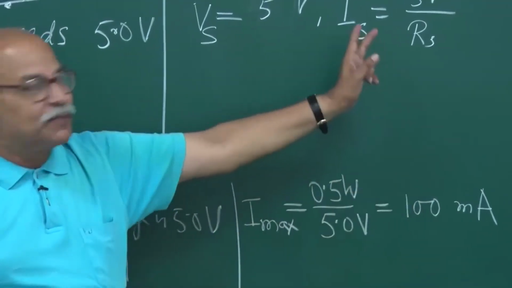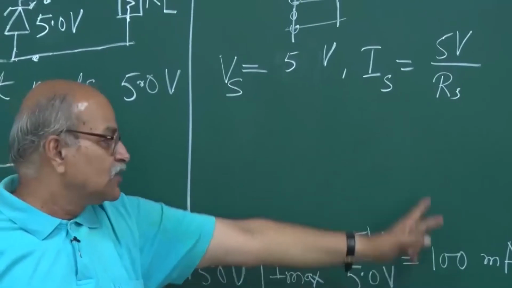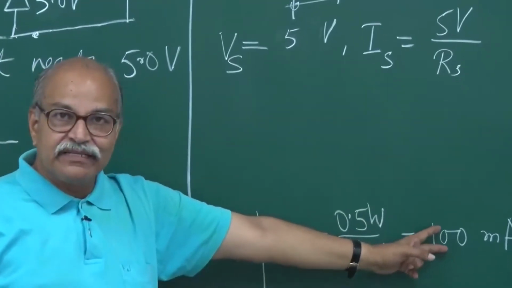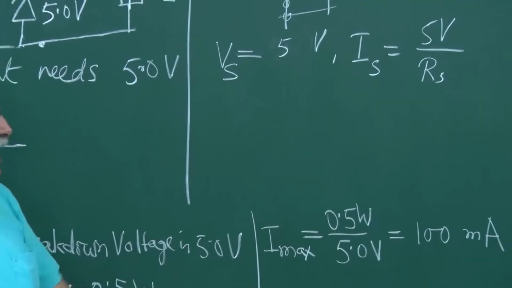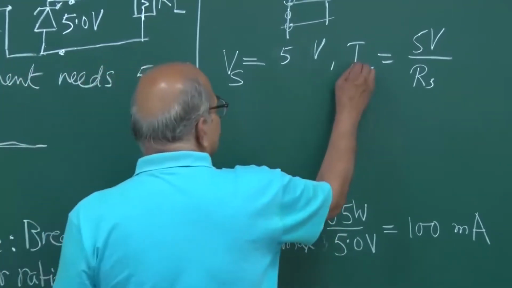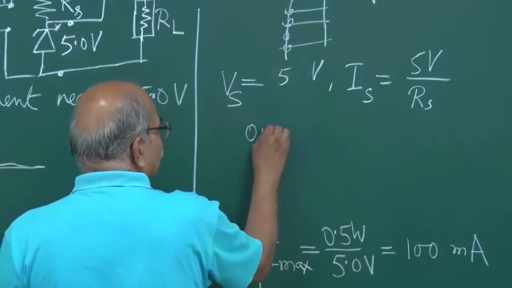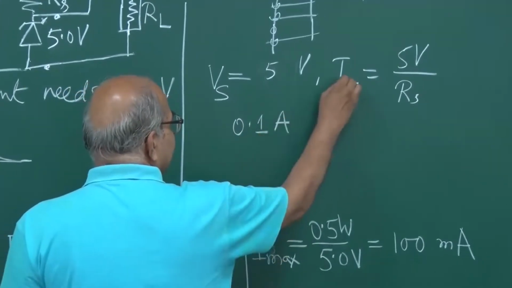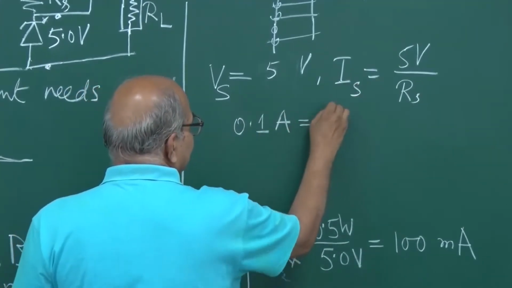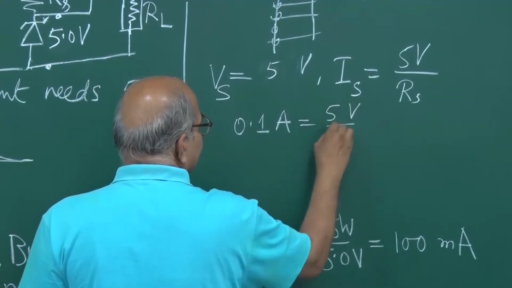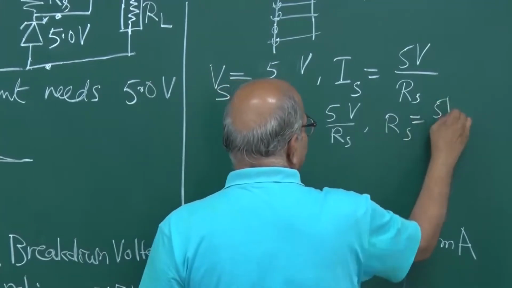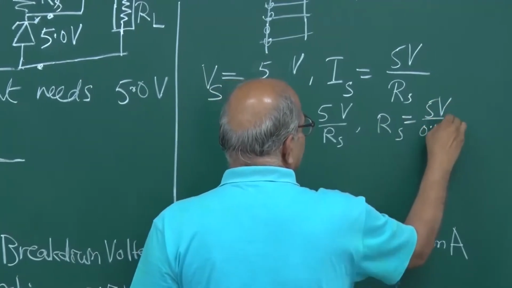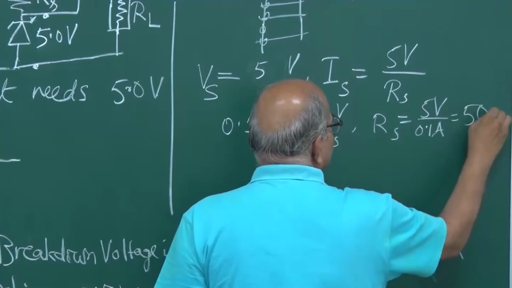So what should RS be, so that I ensure the current in the Zener is 100 milliampere or less? If I take this as 0.1 ampere, then it is 5 volt divided by RS, and RS will be equal to 5 volt divided by 0.1 ampere, and that is 50 ohms.